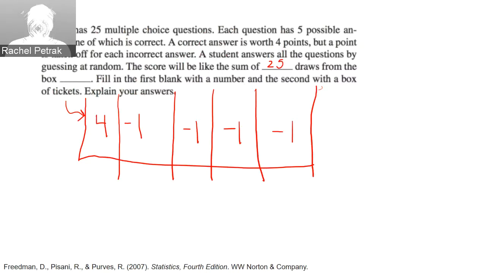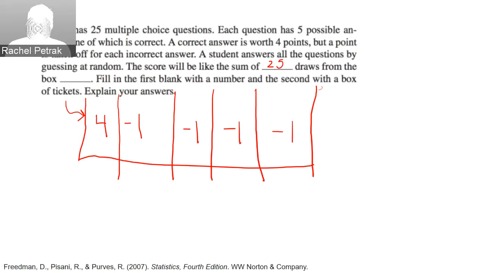This is actually an important question to understand, if you have any questions about it. The second blank is asking you, it's not a number, it's asking you what the box of tickets looks like.